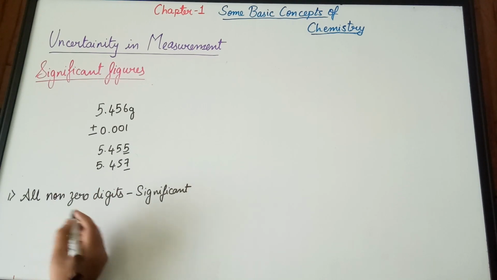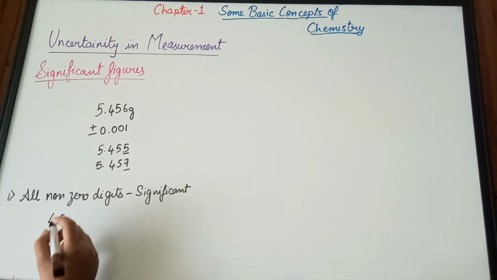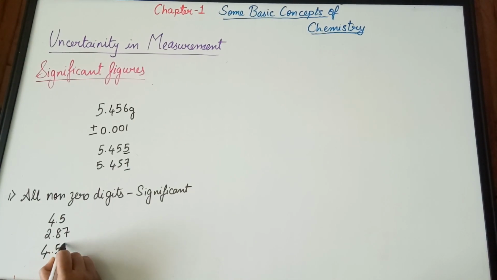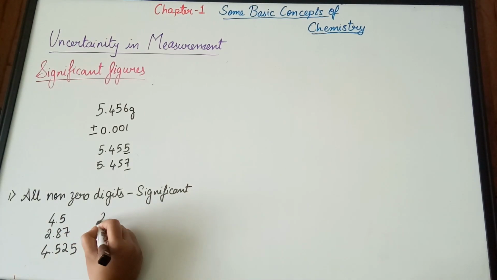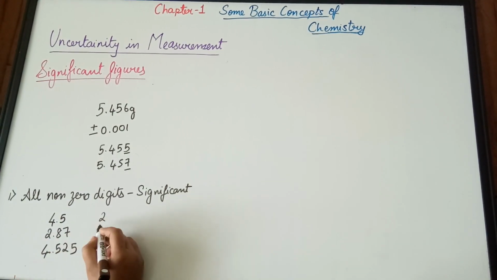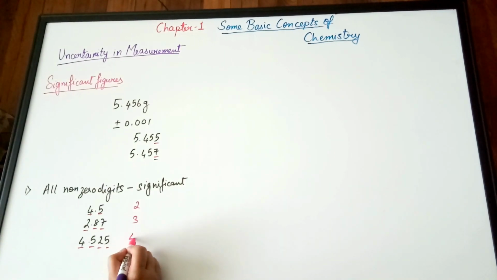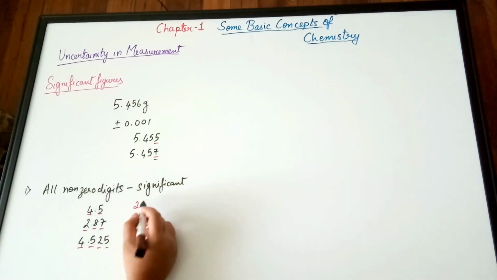So let's assume 4.5, 2.87, 4.525. Now in these three numbers, the first has two non-zero digits, which means it has two significant figures. This one on the other hand has three non-zero digits, which means it has three significant figures. Whereas in the third case, it has four non-zero digits, which means it has four significant figures.